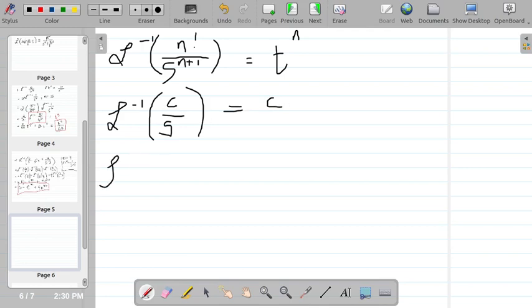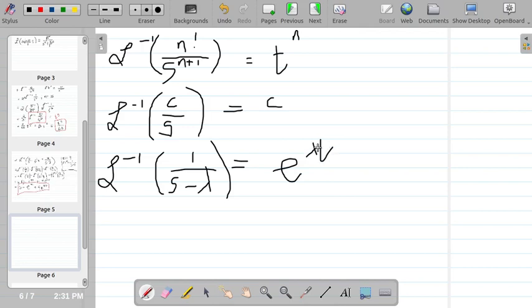Then the inverse transform of 1 over s minus lambda, where lambda is just a constant, is equal to e raised to the power of lambda times t. So that brings it back to the t-domain function.